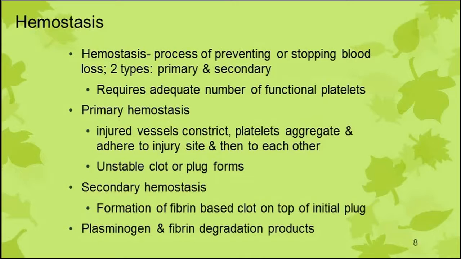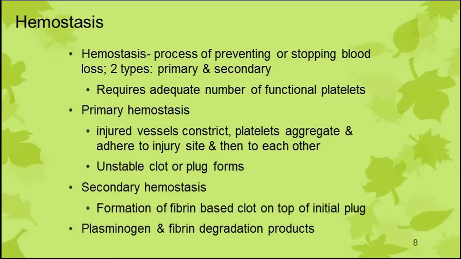The plasminogen is actually part of the clot, and it becomes active when the fibrin clot's no longer needed. And then as that clot breaks down, the fibrin breaks into little pieces or byproducts that are released, and these are known as fibrin degradation products.